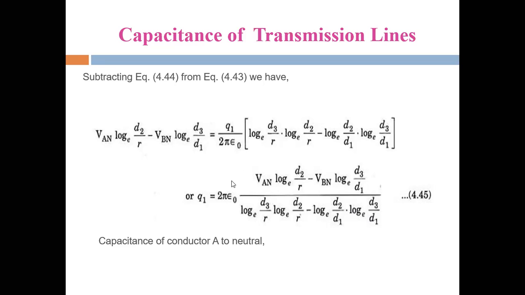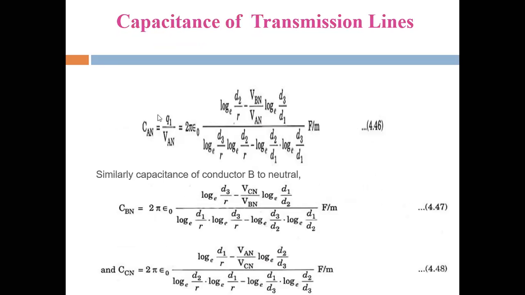This is the charge at conductor A. Then we obtain the capacitance. The formula for capacitance is Q by V. Therefore CAN is equal to Q1 by VAN.